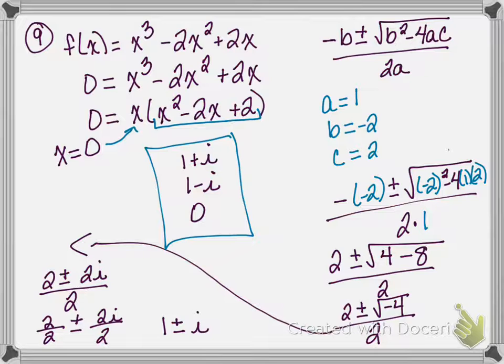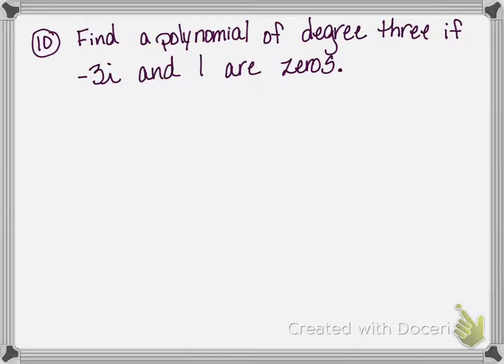Okay? Now, number 10 reads, find a polynomial of degree 3 if negative 3i and positive 1 are zeros. So I am told that negative 3i is a 0, and I'm told that positive 1 is a 0. Now, positive 1 is a rational 0, so it doesn't have to have a partner.